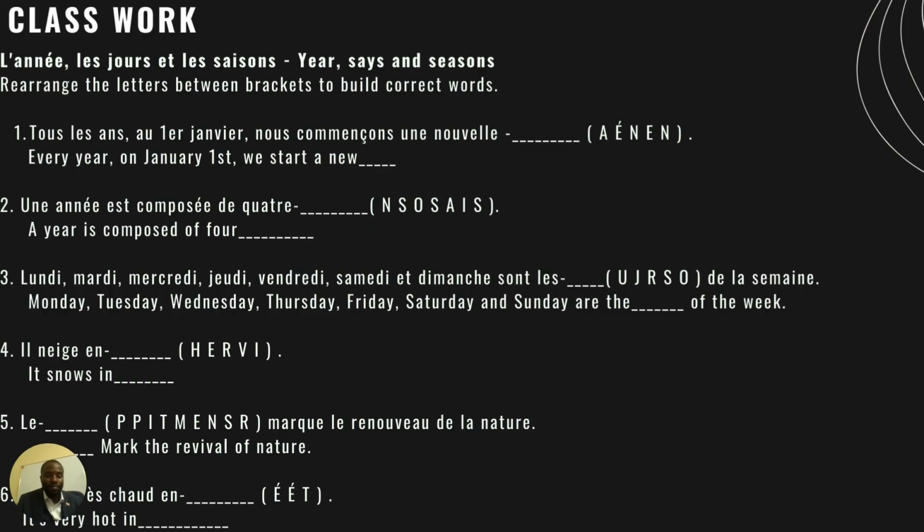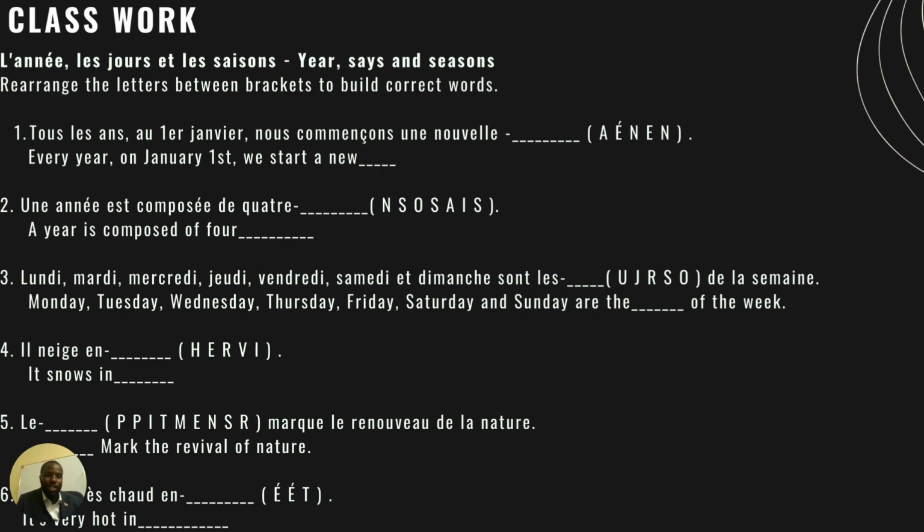And since I'm a good person, I also added the translations. So, for example, number one, tous les ans, au 1er janvier, nous commençons une nouvelle. If you look closely, for someone who doesn't know the language yet, if you see année and you know it's a year, then mostly we are talking about the year.